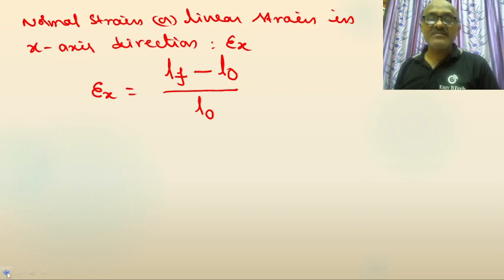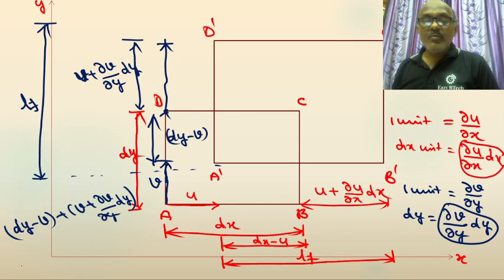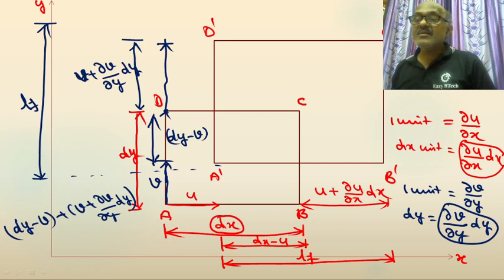See, my dear students, the original length of the line element AB is dx. The final length is dx minus u plus dou u by dou x into dx, for the line element A dash B dash.